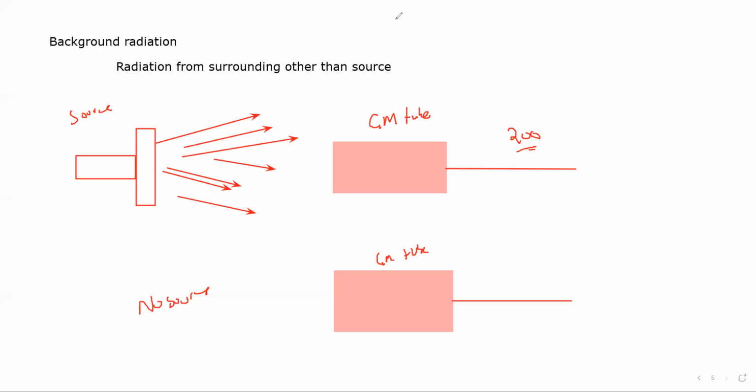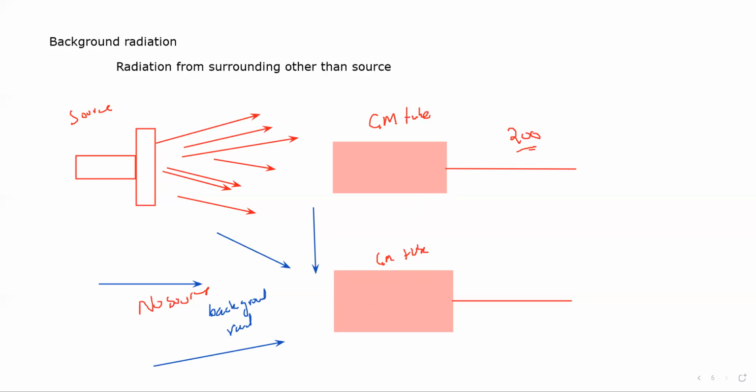Because in our atmosphere, in our surrounding, there are also radiations. These radiations are not coming from the source, but they are coming from the surrounding. These radiations are known as background radiations.